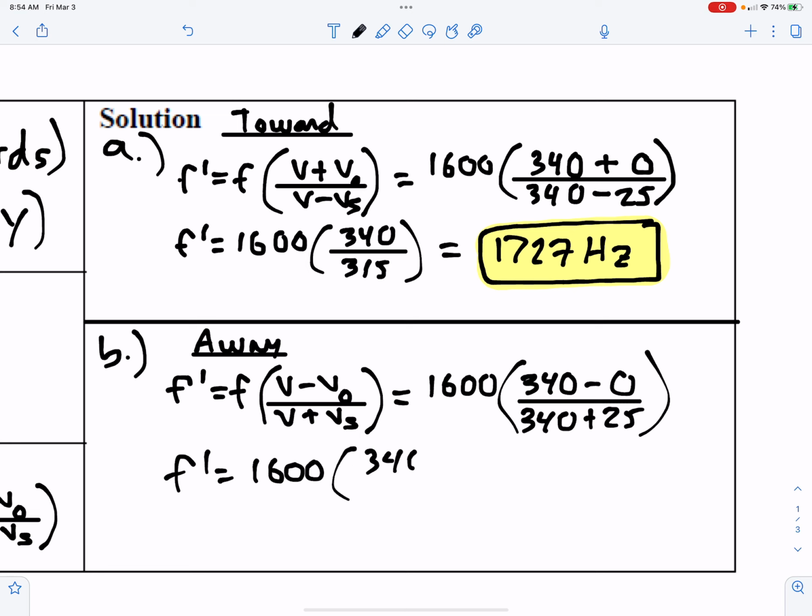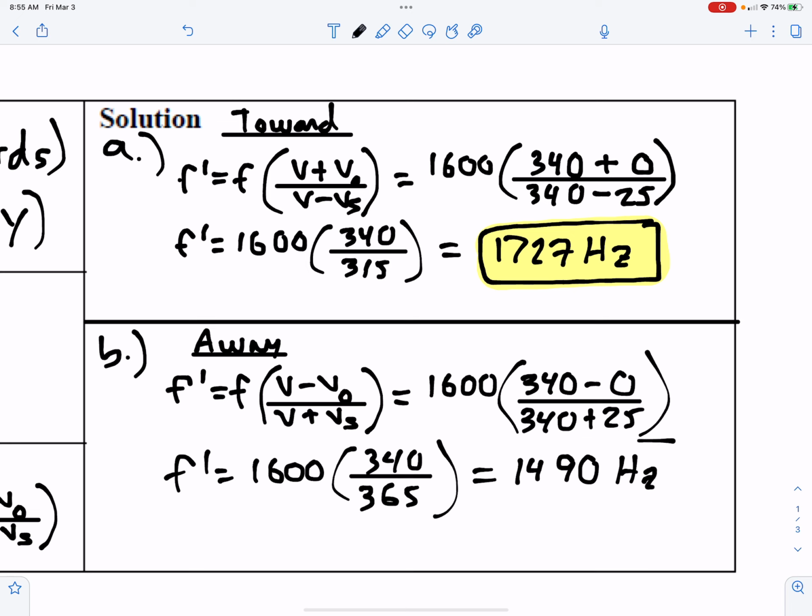And that would mean we're going 340 over 365. 340 over 365 times 1,600 is about 1,490 hertz.